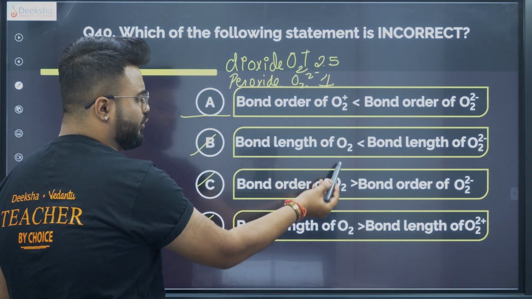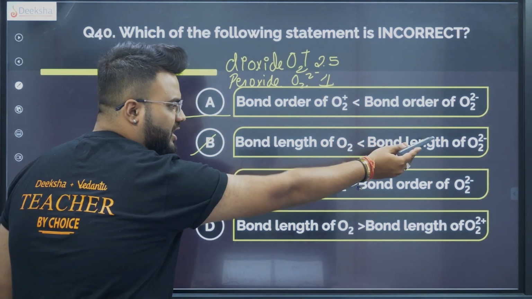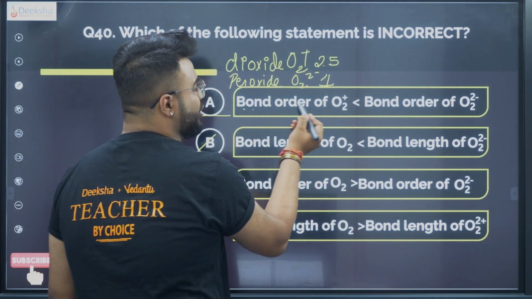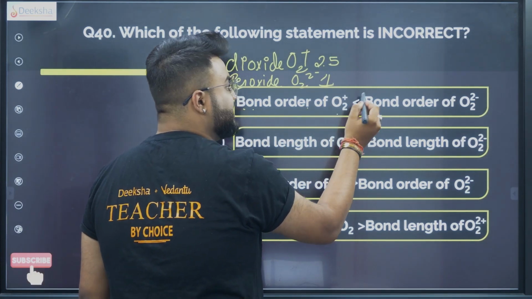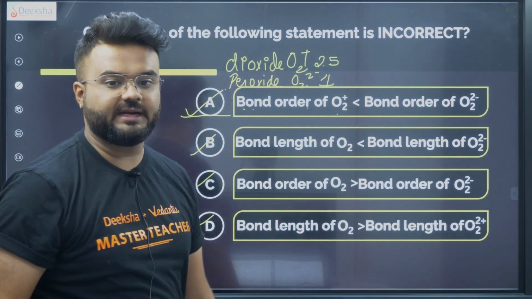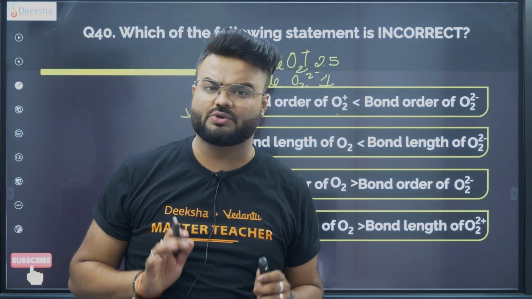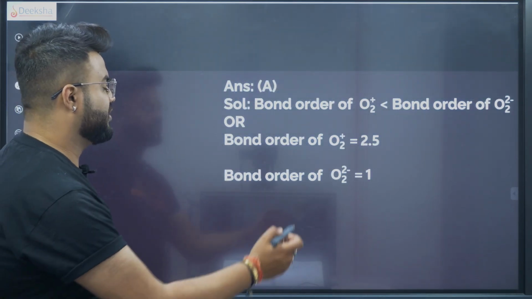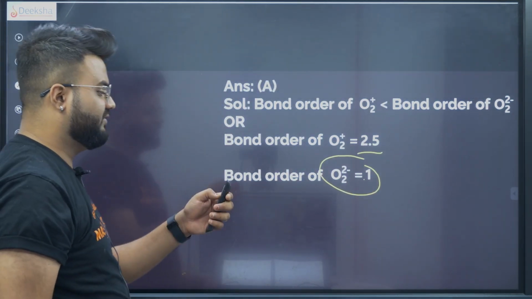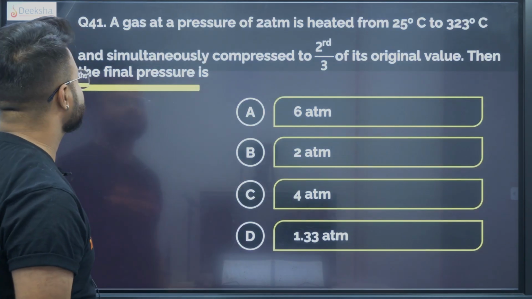Bond order of O2 is always more than that of peroxide. Option A says the bond order of dioxygen is less than that of peroxide, so option A is your incorrect statement. This is your easiest question, guys. See here, 2.5 and 1.